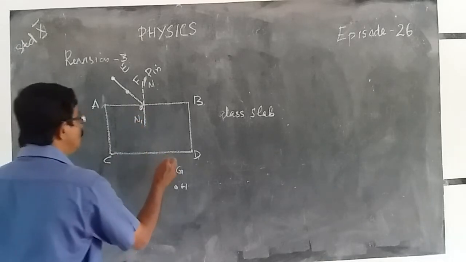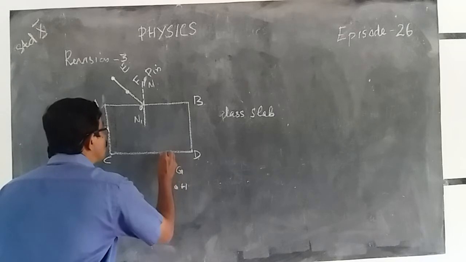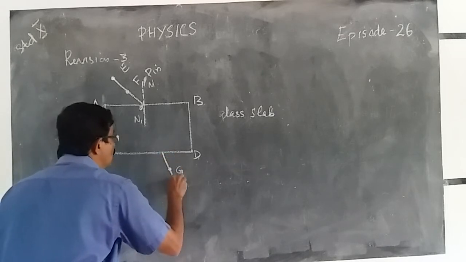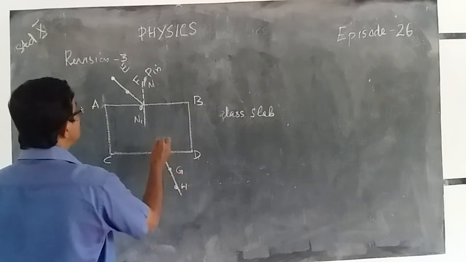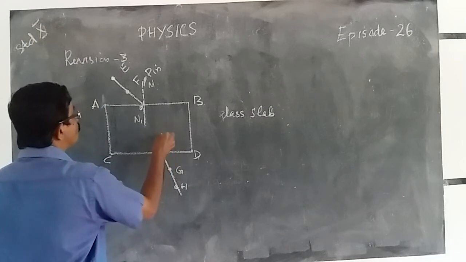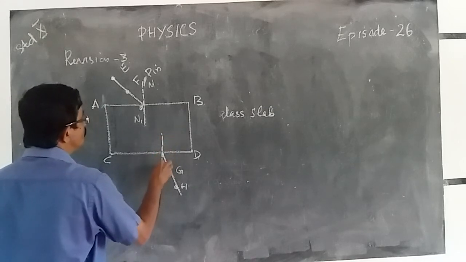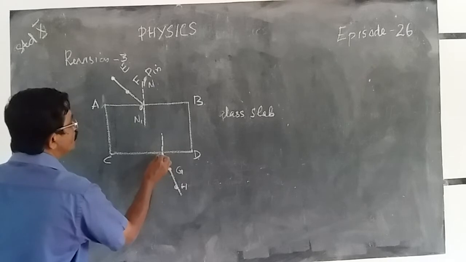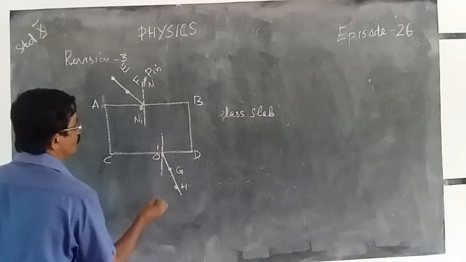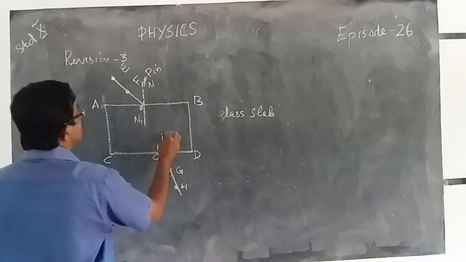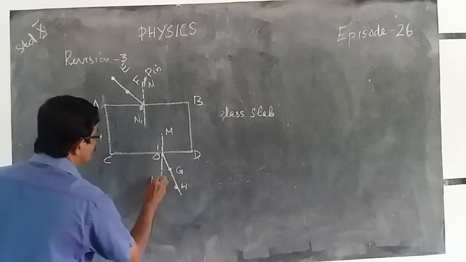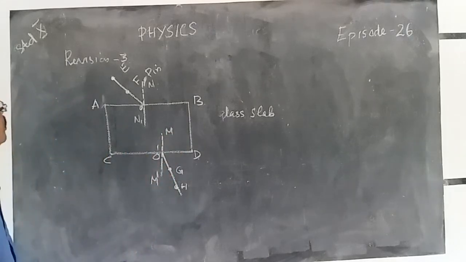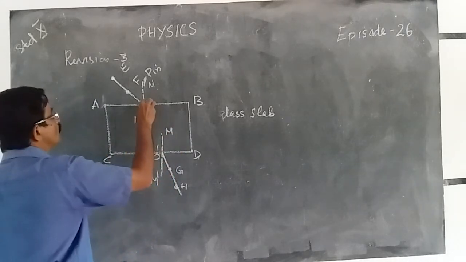And also we join these two points, and here also we draw a perpendicular. Let this one be O dash and this M dash. Now join this.